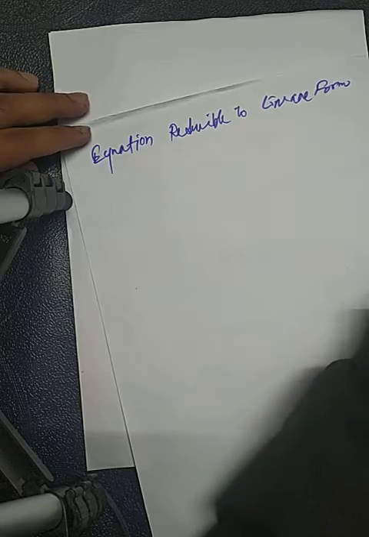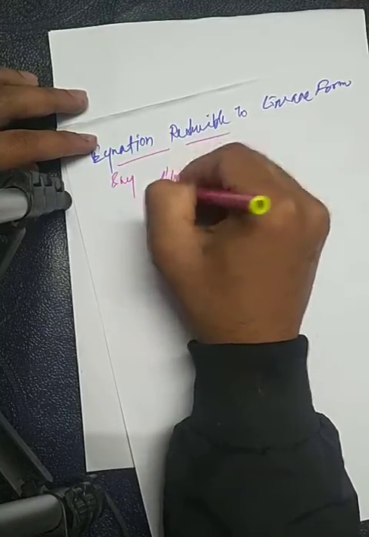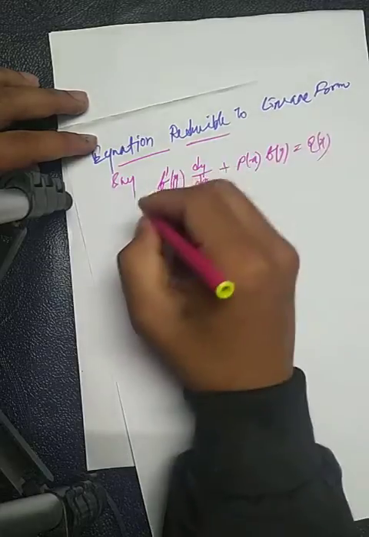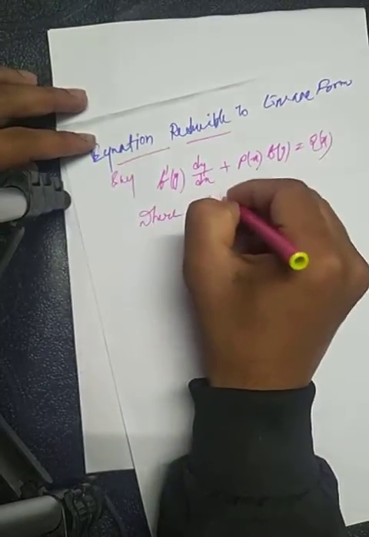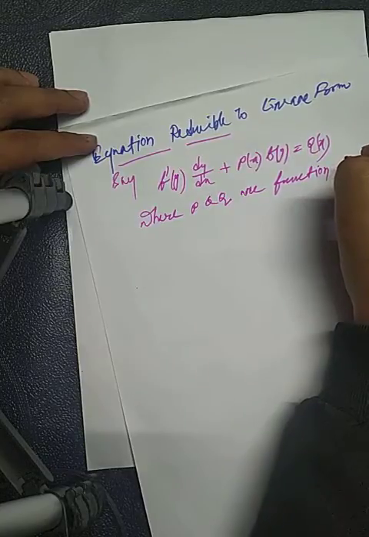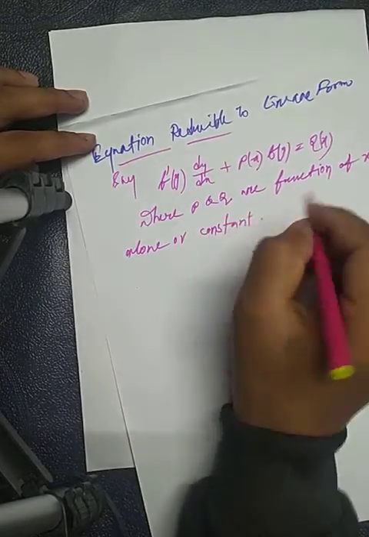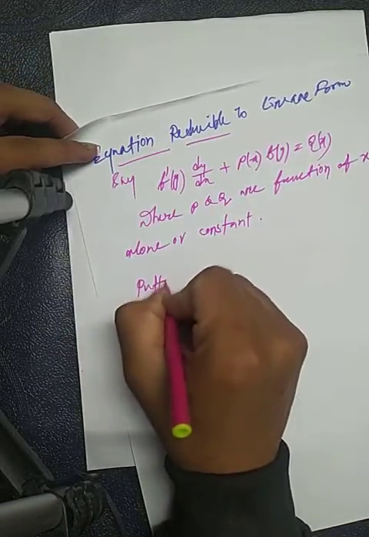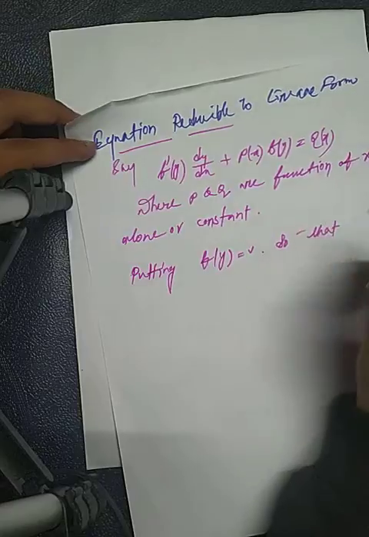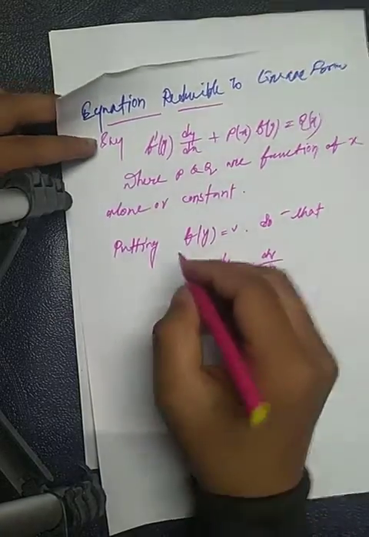What is important is that our equation is of the form f'(y) dy/dx + P(x) f(y) = Q(x), where P and Q are functions of x alone or constants. Putting f(y) = v, we will have f'(y) dy/dx = dv/dx.